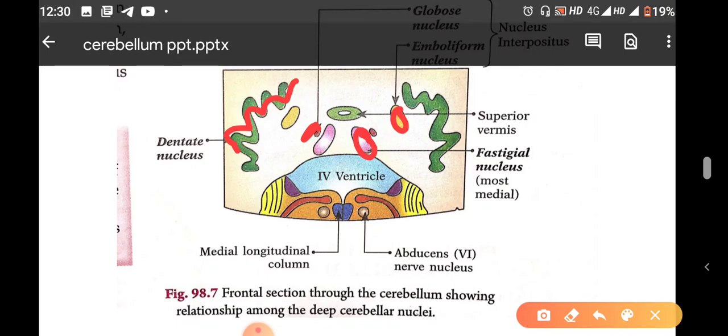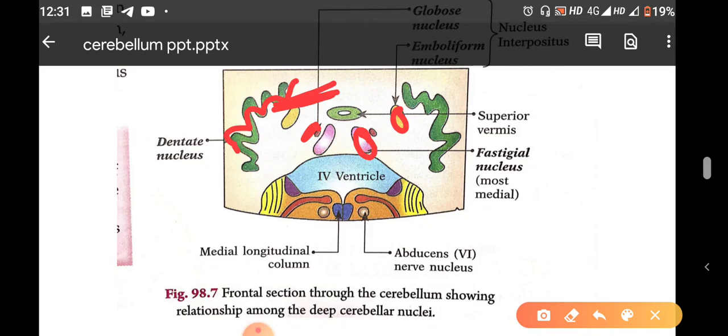The dentate nucleus is the largest cerebellar nucleus. It is shaped like a purse, made up of a crenated lamina of grey matter, and it has an open anteromedian hilum to receive fibers, mainly from the superior cerebellar peduncle.